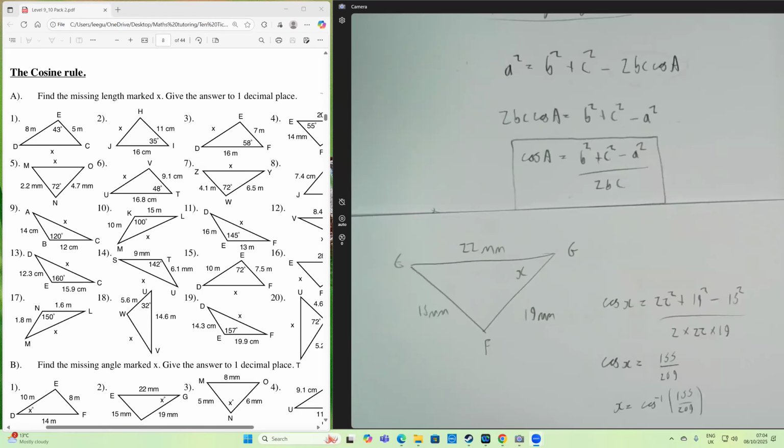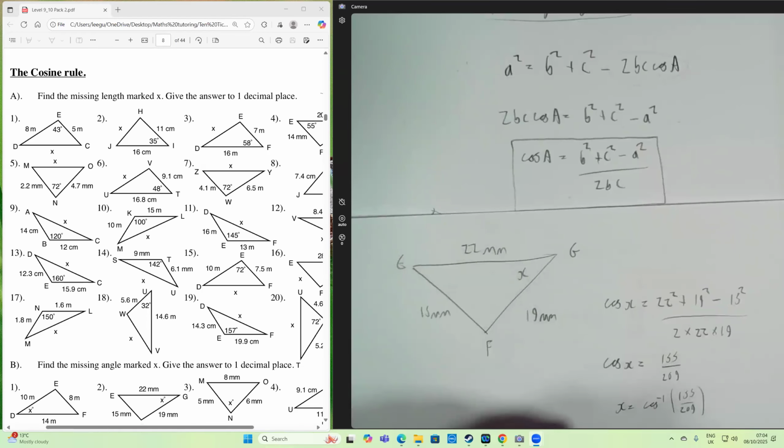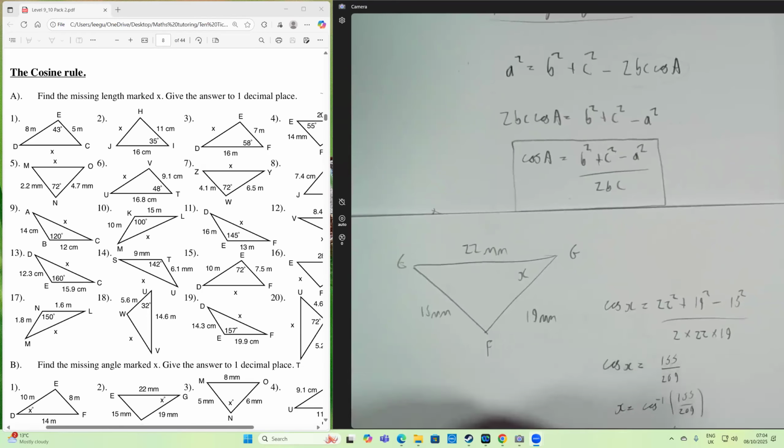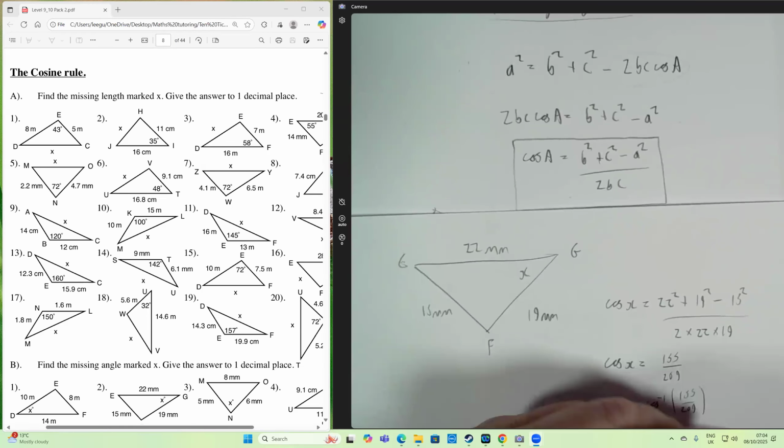So x there is equal to 42.1. Let's just have a quick look. Yes, 42.1 degrees is the correct answer to 1 decimal place.